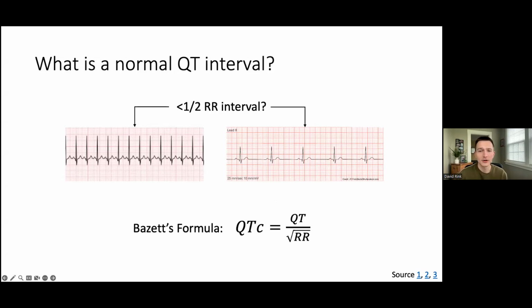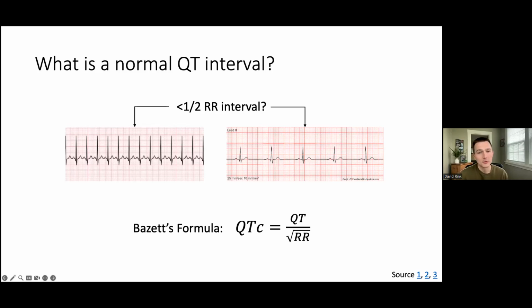Regarding the question of correction, the QTc, which we're all pretty well familiar with, corresponds to the corrected QT interval for heart rate. There are tons of formulas for this. The most popular, most well-known, and probably the easiest is Bazett's formula, which some of you may have used before, which uses the uncorrected QT interval over the square root of the RR interval.